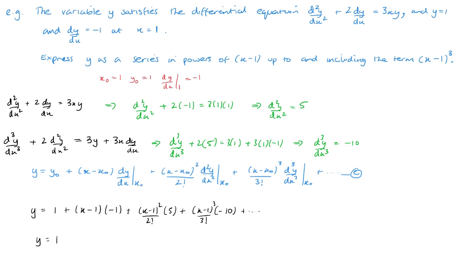So that equals 1, sorry, not plus, minus x minus 1 plus 5 over 2 x minus 1 squared minus 10 over 6, which would be 5 over 3 x minus 1 cubed.